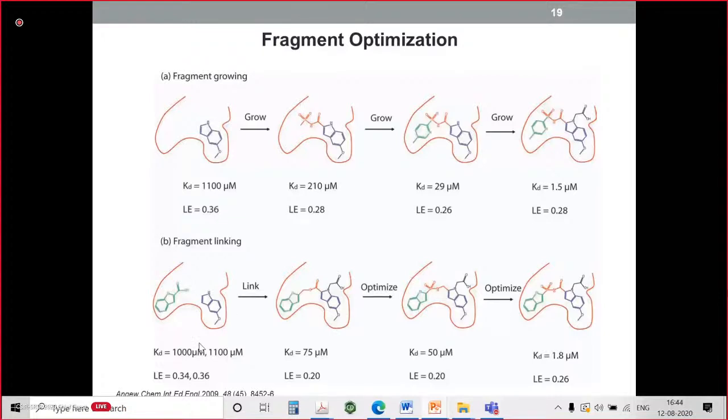Then these are linked together with a linker, and later the linker and other side chains are optimized. So that leads to the final optimization of the lead molecule. These two basic techniques are used in most fragment-based drug design approaches, whether computational or experimental.